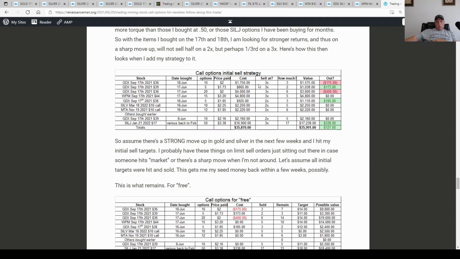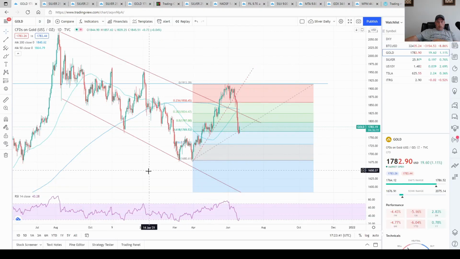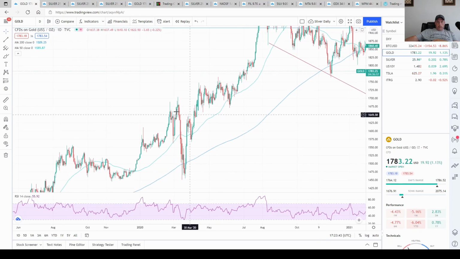But when is it going to get to this 3x for these options? And again, if you just have things reverting to the mean with the 200-day moving average, you're still making tremendous money here.